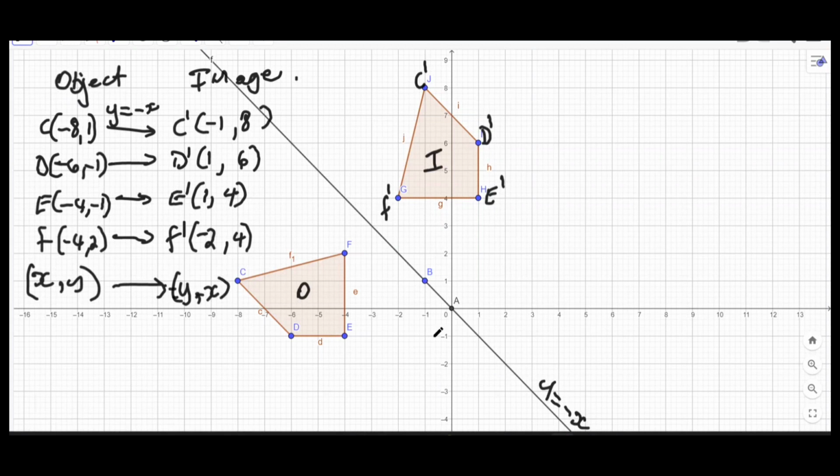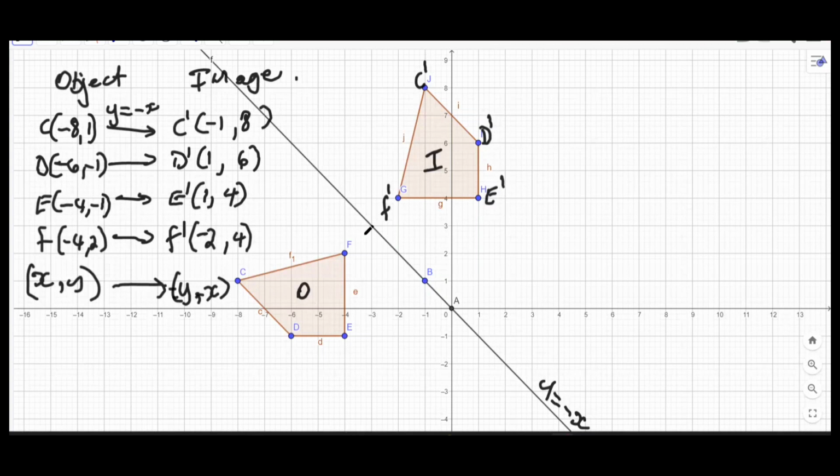So you'll end up with a negative y and a negative x, like the negative of what was. So we're seeing where -8, +1 becomes -1, +8. -6, -1 becomes +1, +6. So we switch x and y, and then we change the signs on the numbers.